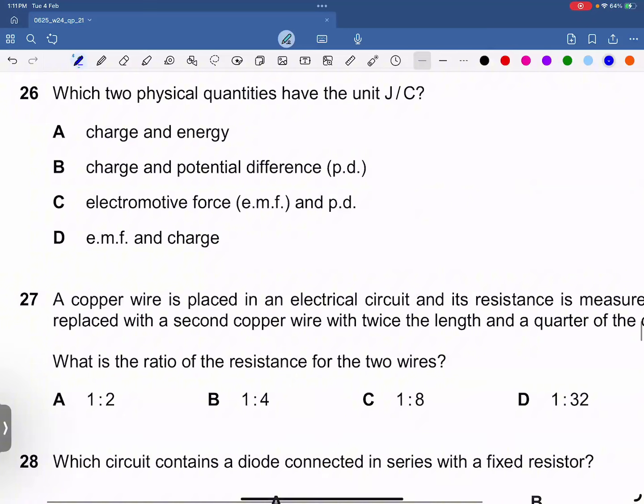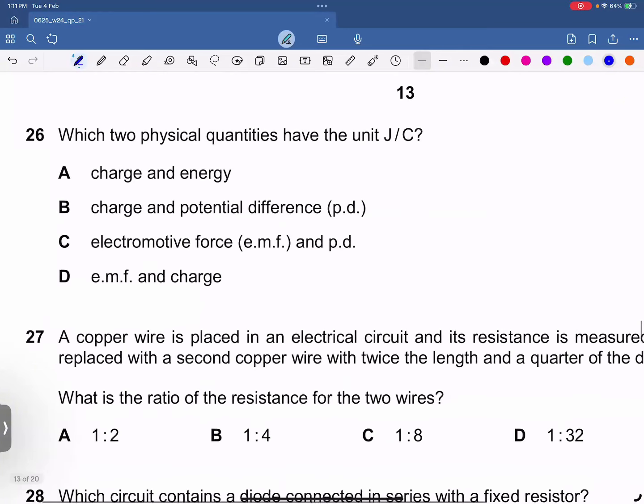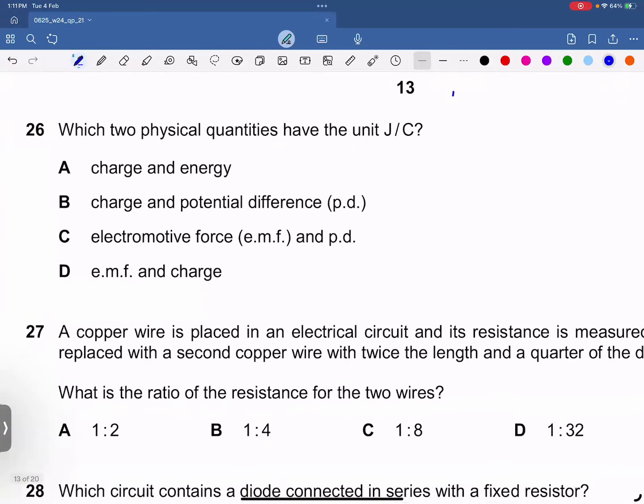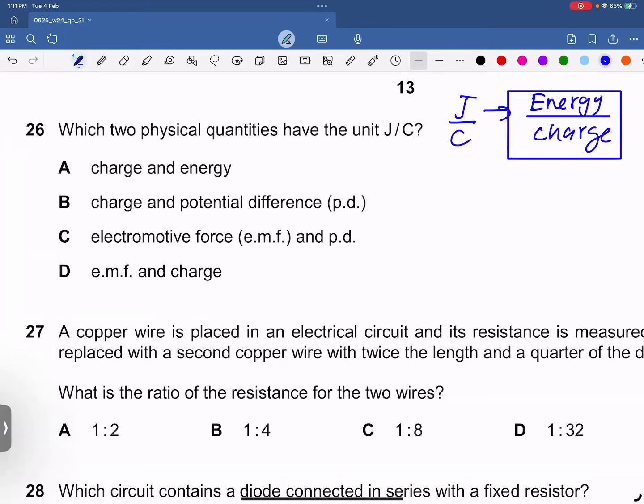Which two physical quantities have unit joules per coulomb? Actually, my dear, joule is energy. Joule per coulomb: joule is energy or work done, over charge. Coulomb is charge. So energy per unit charge, it is actually PD, it is EMF, it is voltage.